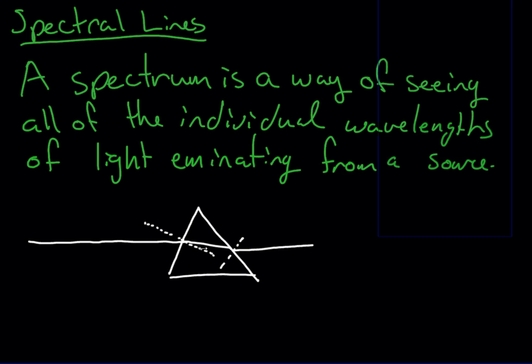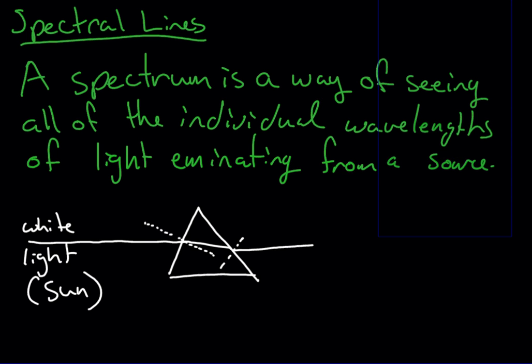But interestingly, if this source is what we call white light, so this is like the light you'd get from the sun, or from an incandescent lamp, okay? If white light strikes this thing, the different wavelengths that are contained in white light spread or bend to different degrees, okay?